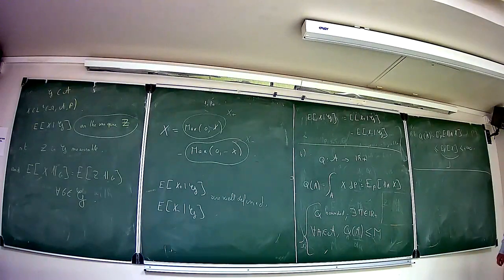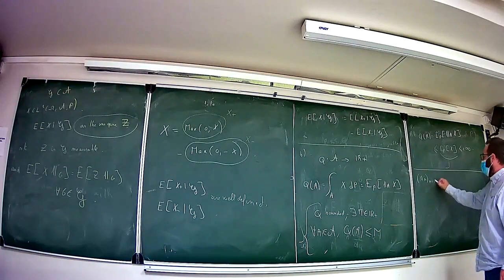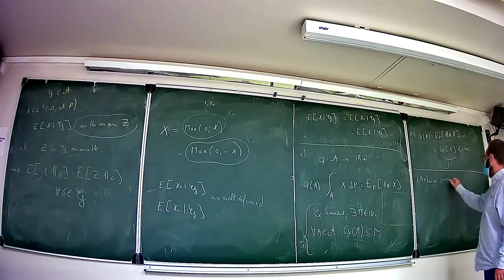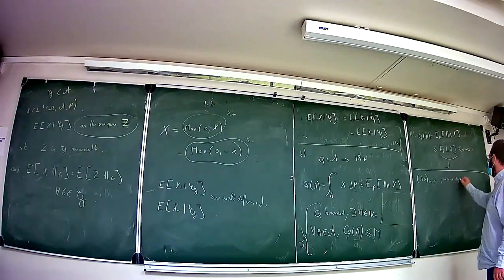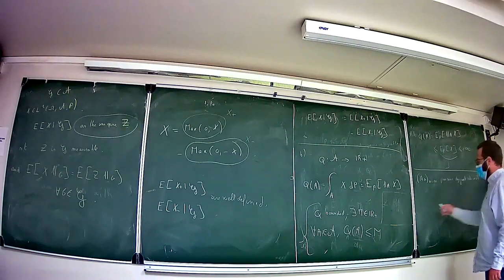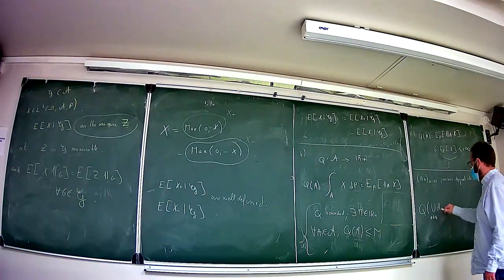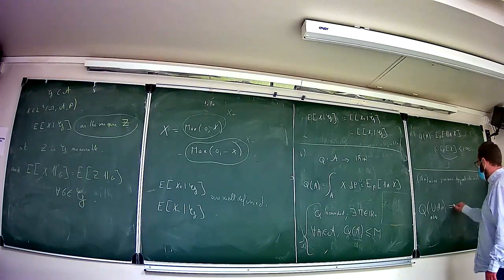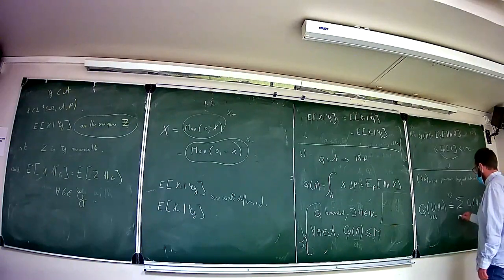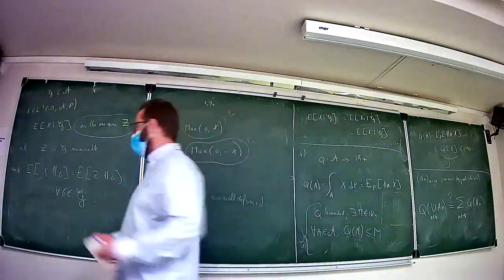For the sigma additivity, if I consider a sequence of pairwise disjoint sets in the sigma-algebra, I want to deal with Q of the union, and I want to prove that it is the sum of the Q. Why do I have this?